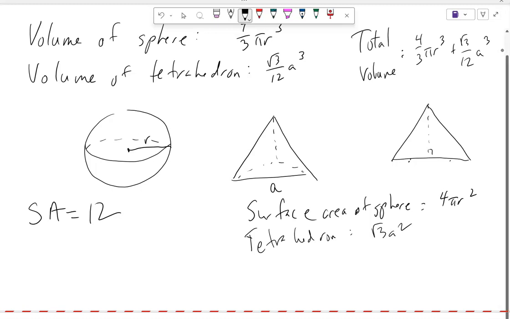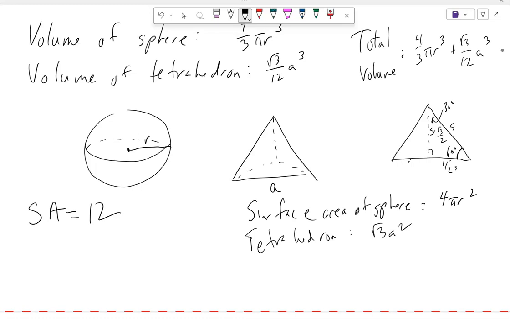If it's an equilateral triangle, what's the measure of this angle down here? 60, thank you. So the measure up here would be 30, right? You've got a 30, 60, 90 triangle. So I can figure out the height in terms of my side length using our 30, 60, 90 relationships. This would be s times square root of 3 over 2.